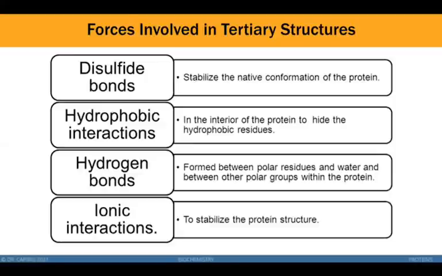We have the term stability: they play a role in maintaining the native conformation of the protein. We have also hydrophobic interaction, which is usually found in the interior of the protein to hide the hydrophobic residues. You have also hydrogen bonding formed between the polar residues and water, and between polar groups within proteins, as well as ionic interactions.